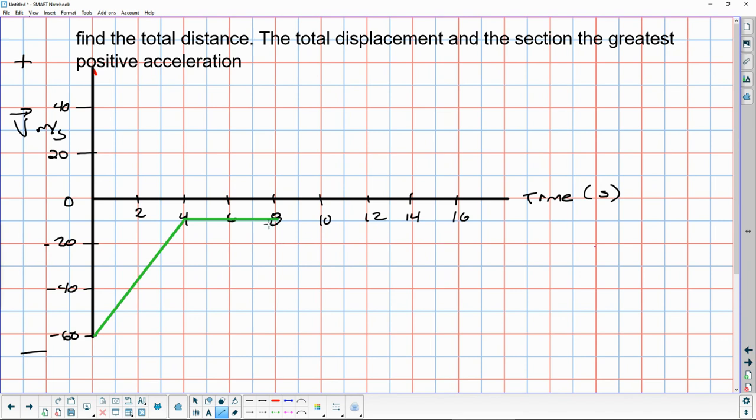Then we're going to go straight up to positive 60 at 15. Be careful about that little half a square piece there. Okay, so this stops at the 15 seconds mark here.